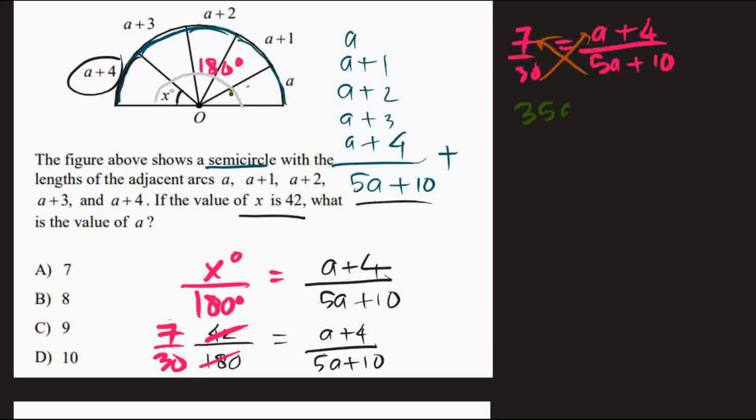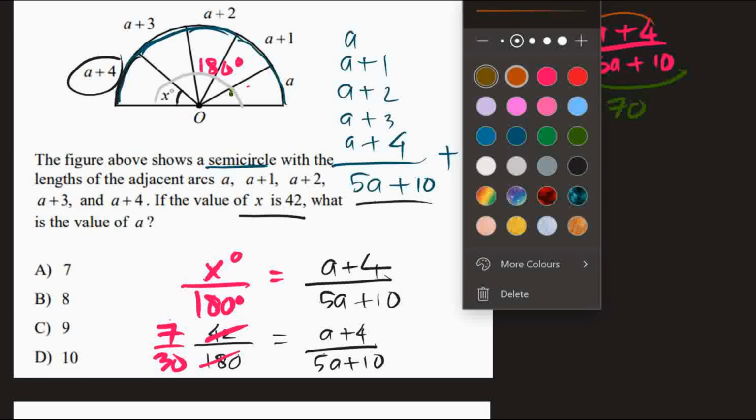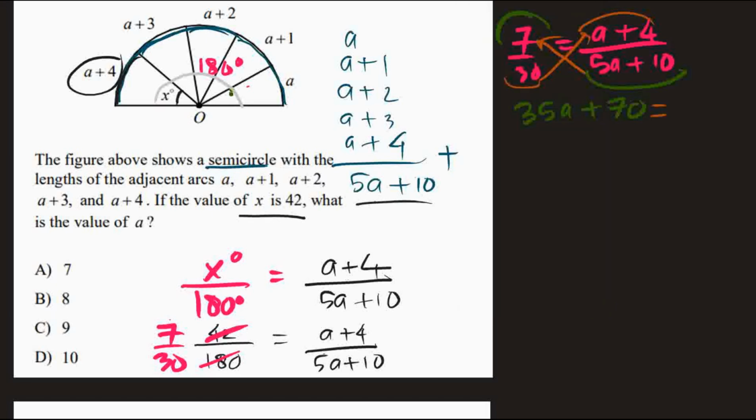Now we get 35a plus 70 for the 7 side. For the other side, we get 30 times a, which is 30a, plus 30 times 4, which is 120.